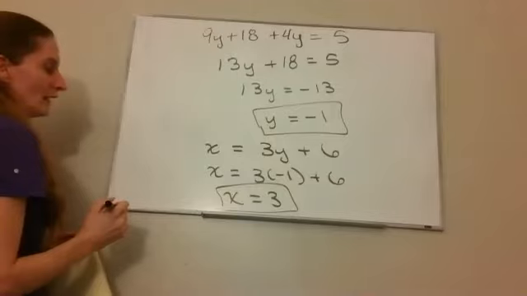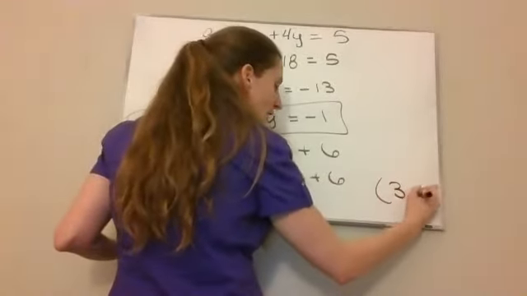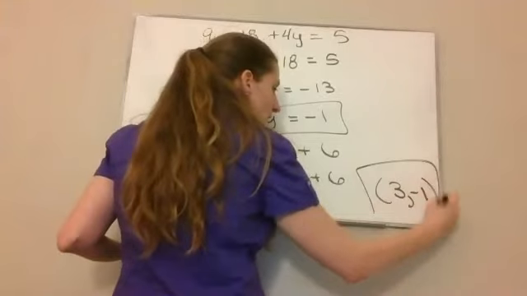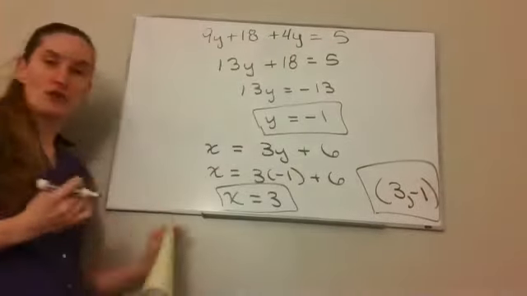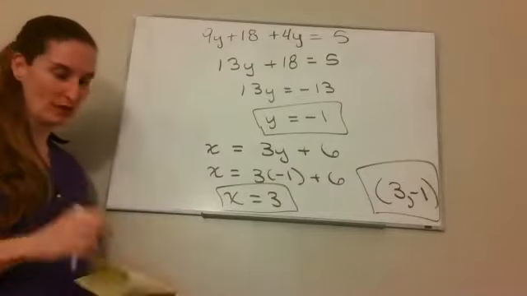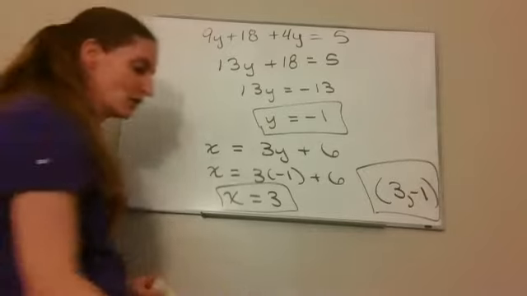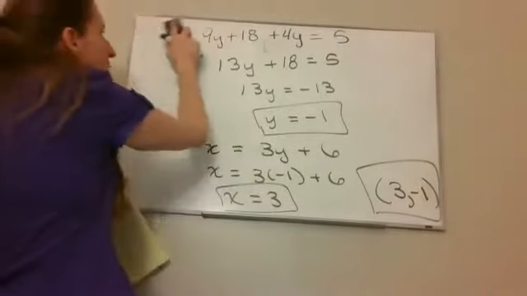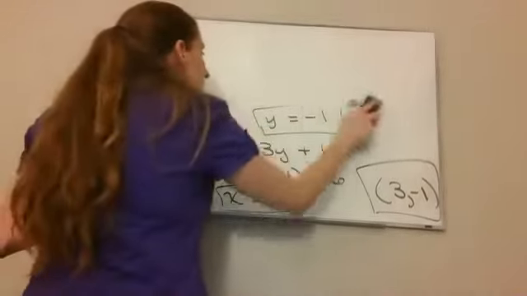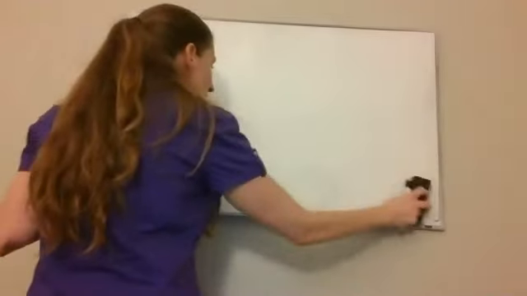So the final answer to this system of equations is the point 3, -1. If you were to graph those two equations, they're going to hit each other at that point. So now we've solved our first system of equations using the method of substitution. Now what about this other method, this elimination or addition method?